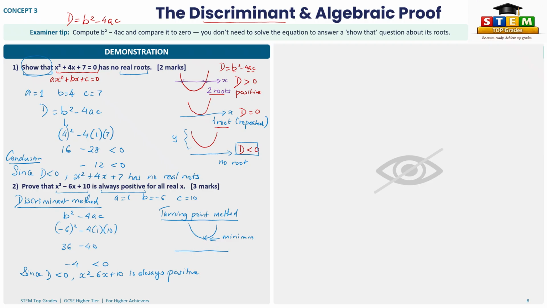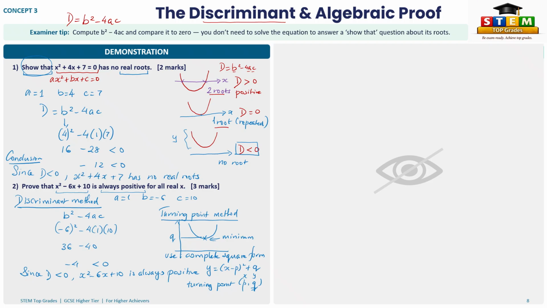So use the completing the square form: y is equal to x minus p squared plus q. And you've got to prove that the turning point (p, q), so the y value, which is q, has got to be positive. So that's the other method.